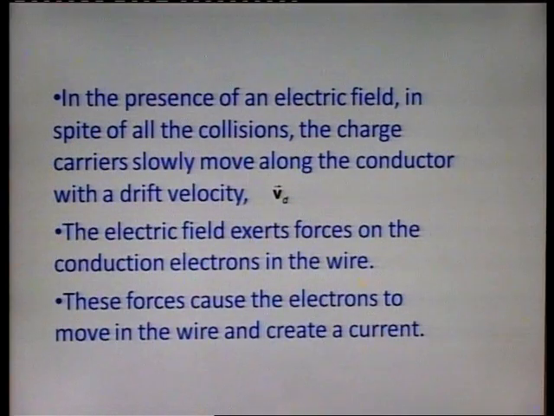This average speed with which the charge carriers move is what is called drift velocity. Means the electrons drift through the conductor. The electric field exerts forces on the conduction electrons in the wire, and these forces cause the electrons to move in the wire and create a current.